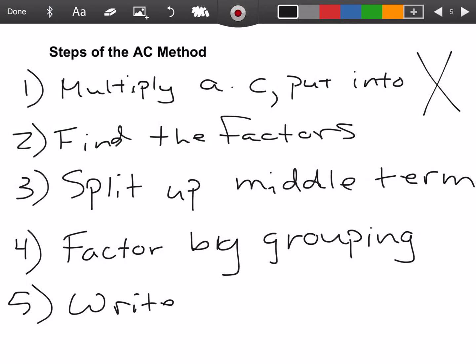And then step 5, write your final answer. So hopefully this helps, just kind of going through the steps. I know there's a lot to think of, but hopefully these 4 examples and this list of steps help you using the AC method and factoring trinomials.